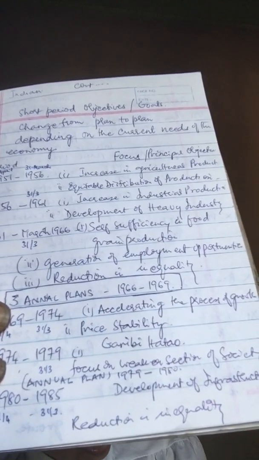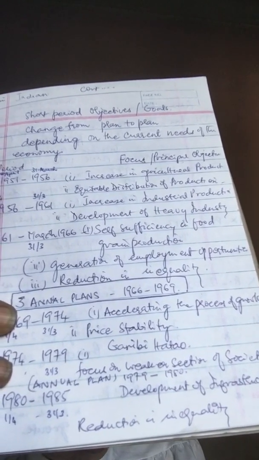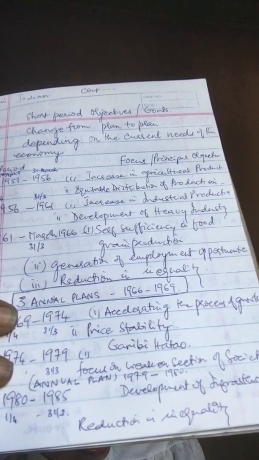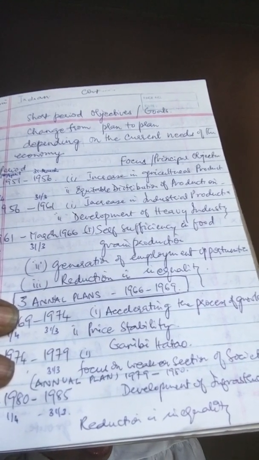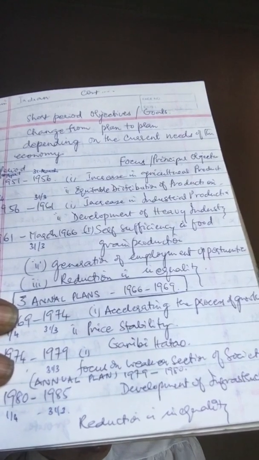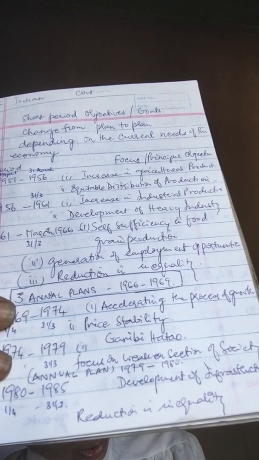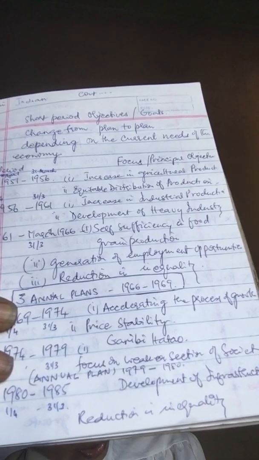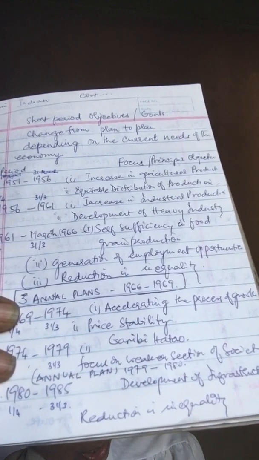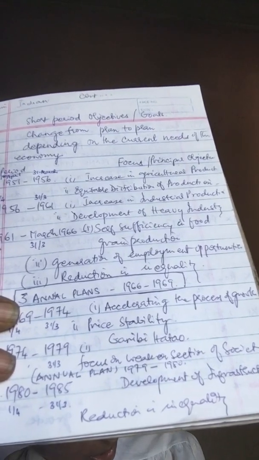The sixth plan had, as we've said, development of infrastructure. Then the seventh five-year plan was generation of employment opportunities and increase in agricultural productivity.